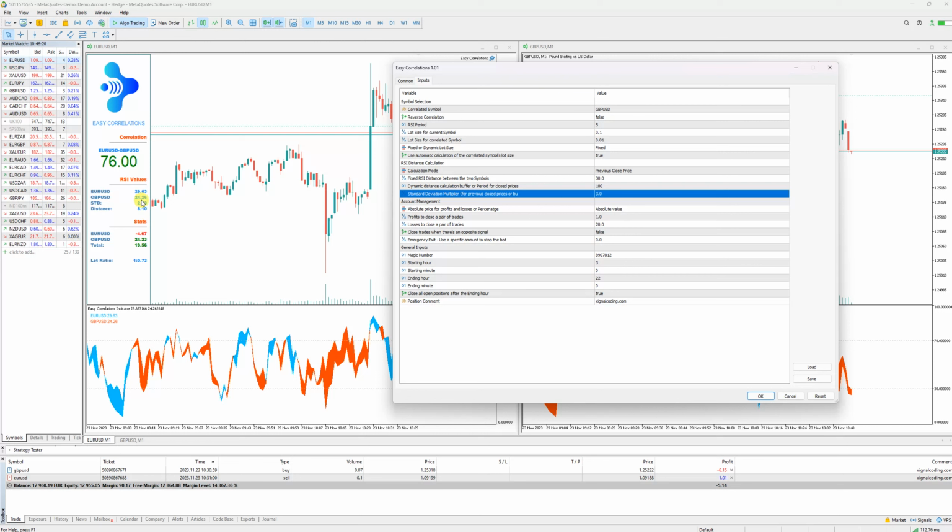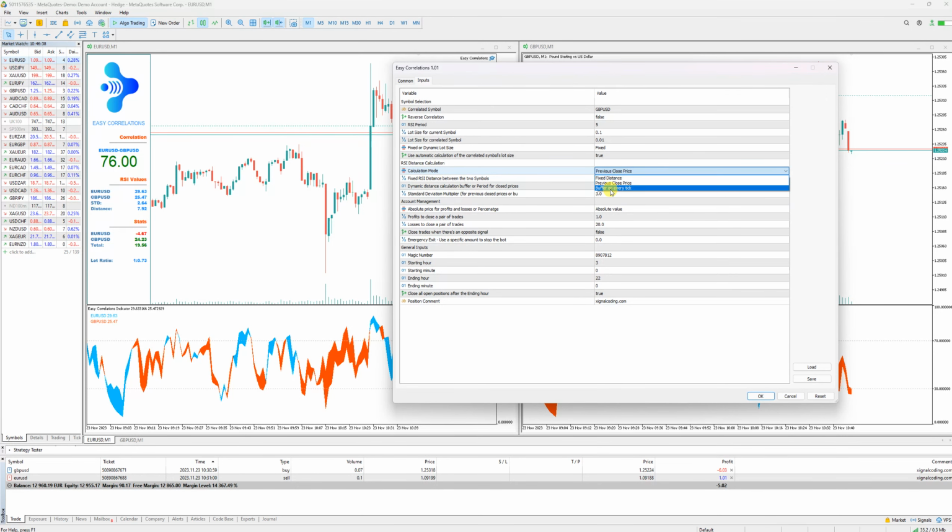So if these values are 8.10 points apart, we're gonna enter the market. It's up to you always. You can play around with the standard deviation multiplier and see what you can get.